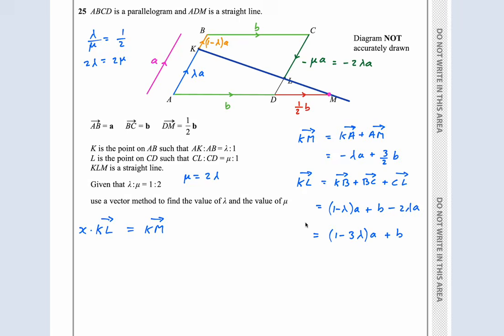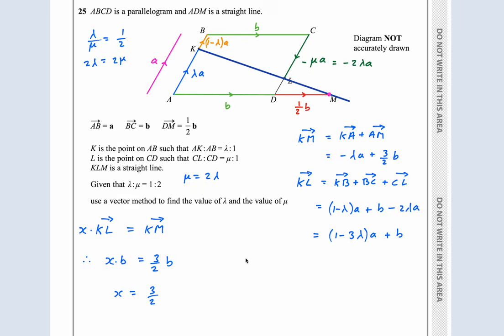Well, let's have a look at the B component. X times B, if we multiply this B by something, we get 3 over 2 B. X times B equals 3 over 2 B, which means X has to equal 3 over 2. So that's what we multiply it by. So actually, KL times 3 over 2 gives me KM.